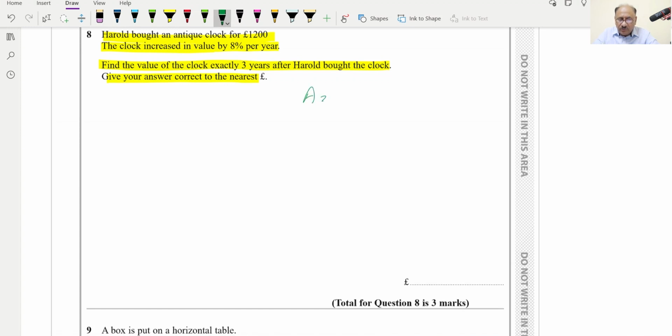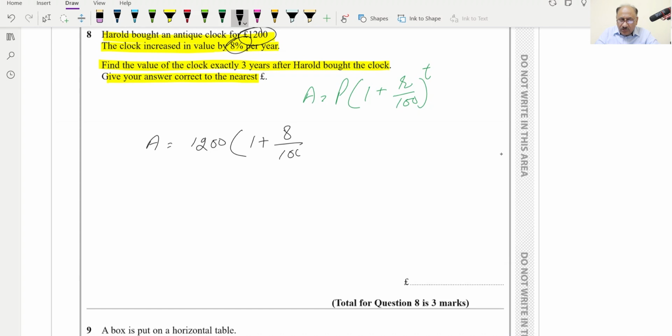The amount will be equal to, for appreciation, for increase we are using plus over here, otherwise we will be using negative for depreciation or decrease. So (1 plus r over 100) raised to the power t, and in this formula we will replace the values. The amount is equal to the principal amount, which is 1200. So 1200 times (1 plus the rate, which is 8%).